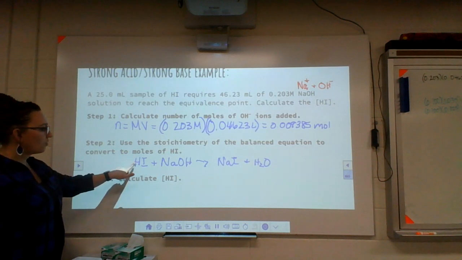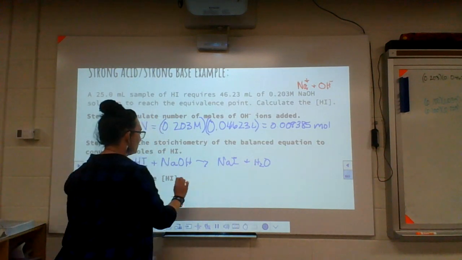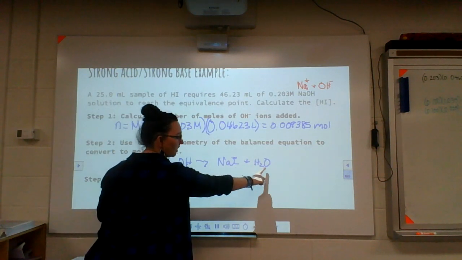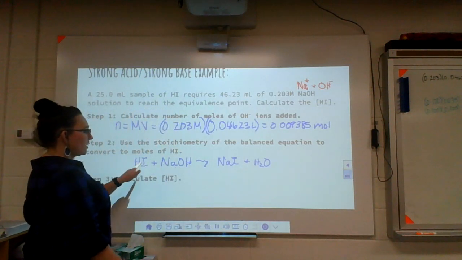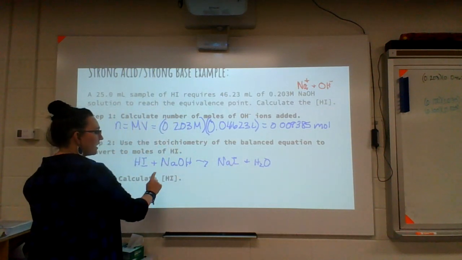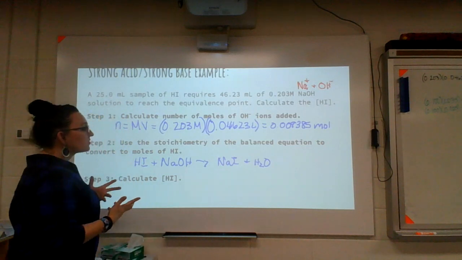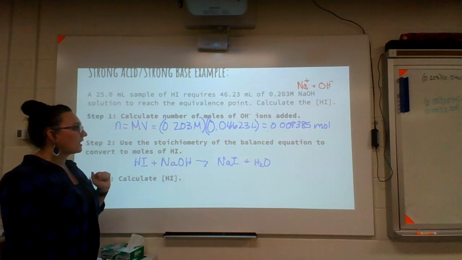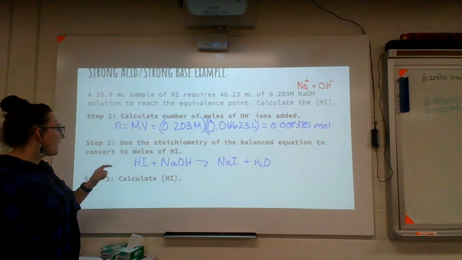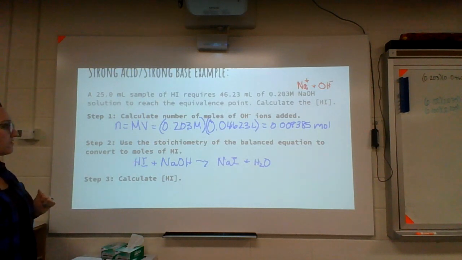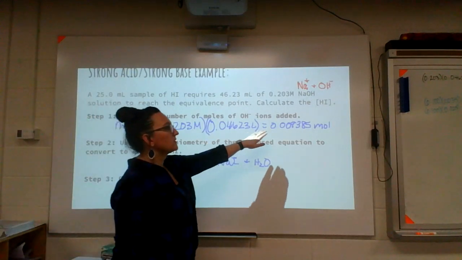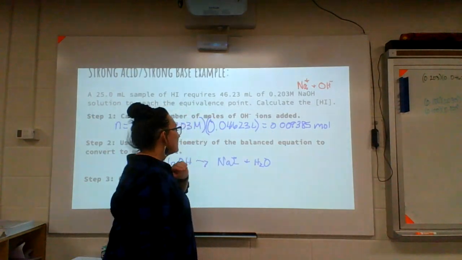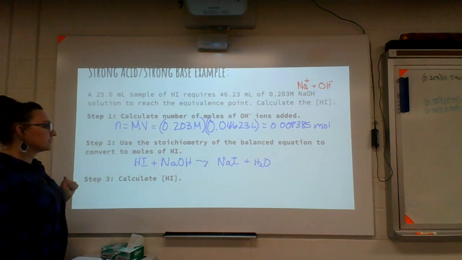And I've got 1 H and 1 H, and 1 OH and 1 OH, and 1 I and 1 I, and 1 Na and 1 Na. So this is balanced. So for every 1 mole of NaOH, I also need 1 mole of hydroiodic acid. So I have a 1-to-1 ratio. So the number of moles I calculated here is equal to the number of moles of HI.